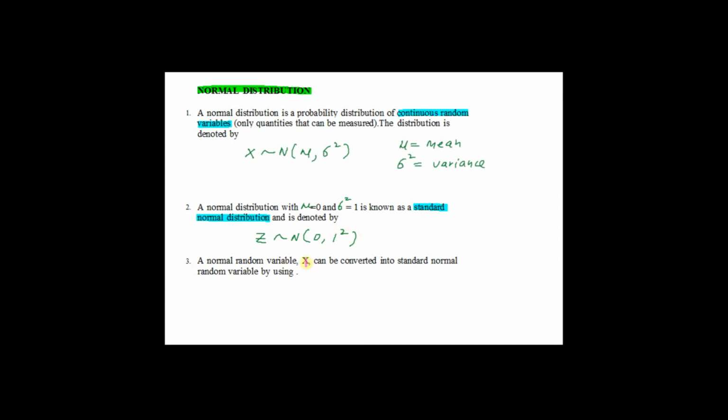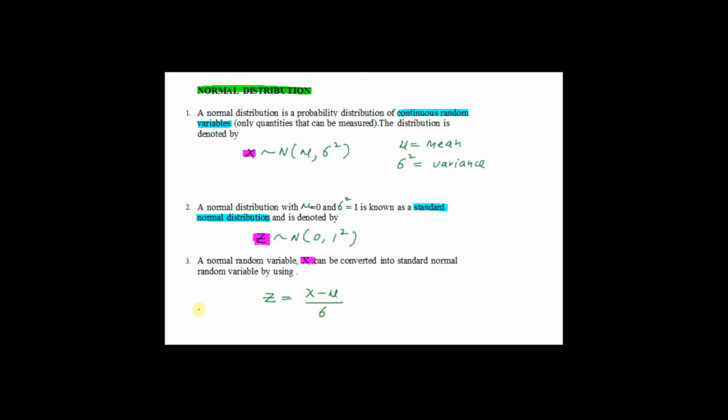A normal random variable X, normally distributed with mean mu and variance sigma squared, can be converted into a standard normal distribution, which will be Z. You have to use this formula to convert it: Z equals X minus mu over sigma, where mu is the mean and sigma is the standard deviation.